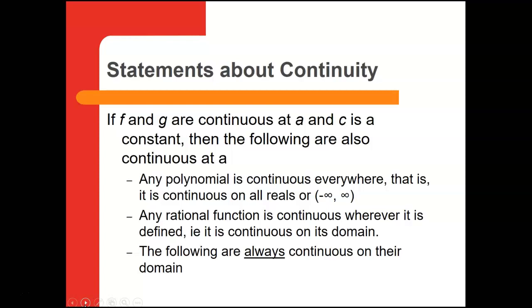So square roots are not considered polynomials. Rationals are not considered polynomials. And exponents other than whole numbers are not considered polynomials. A rational function is continuous anywhere it is on its domain. So for rational functions, you have to look at domains.